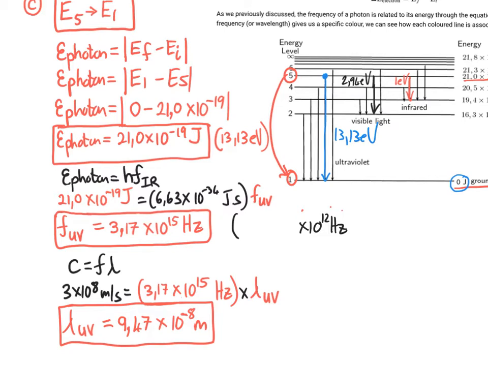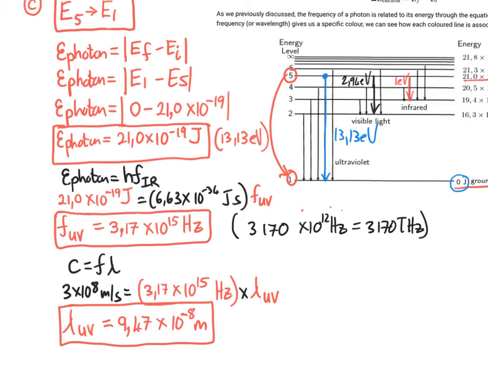So this is equivalent to 3,170 times 10 to the 12 hertz, or 3,170 terahertz. And for UV, we find that the frequencies are much higher. They are not in the hundreds of terahertz, but rather in the thousands of terahertz, as we can see here.